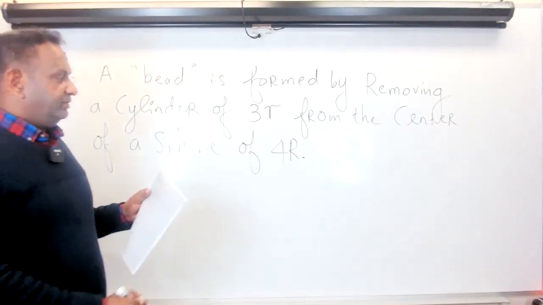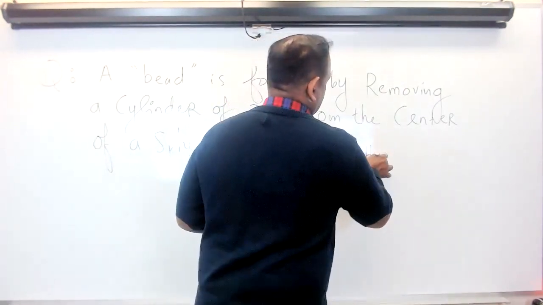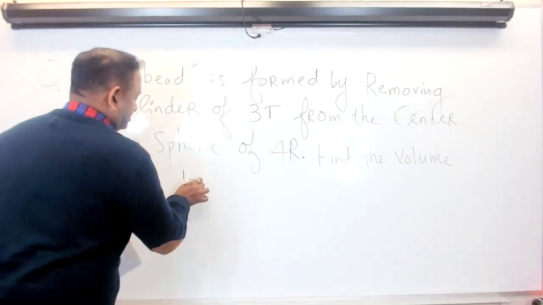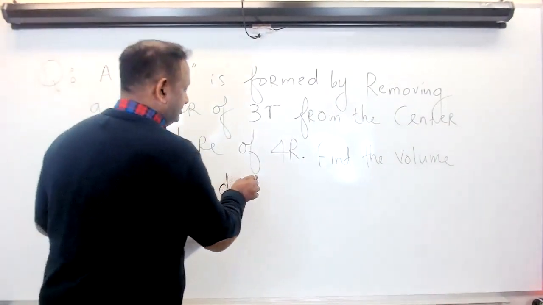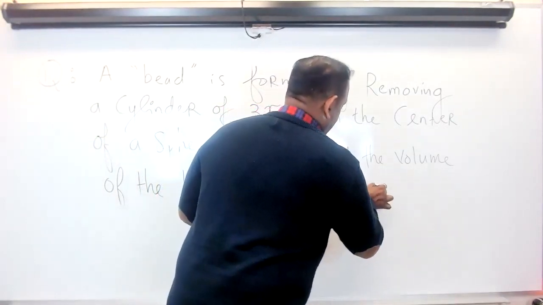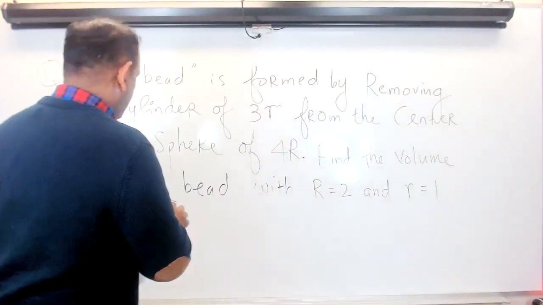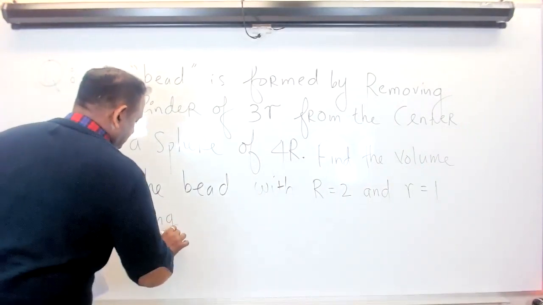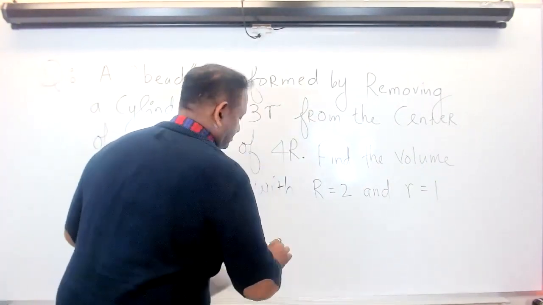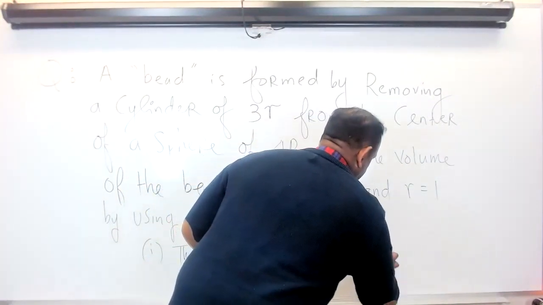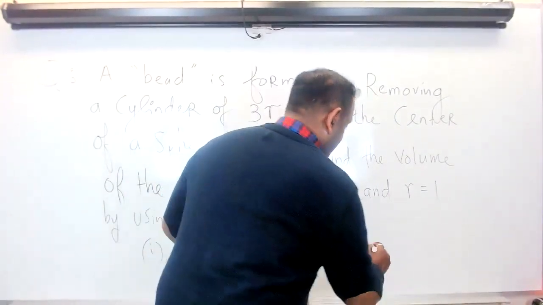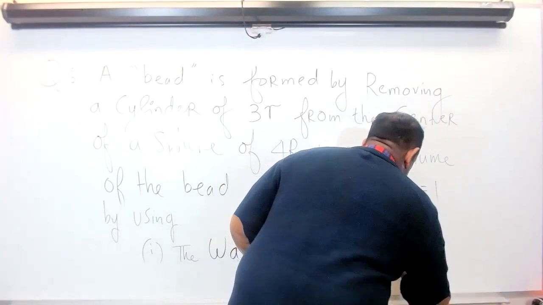Then what they're looking for: find the volume of the bead, with capital R equals 2 and simple r equals 1, by using first the washer method, and the other one, the shell method.